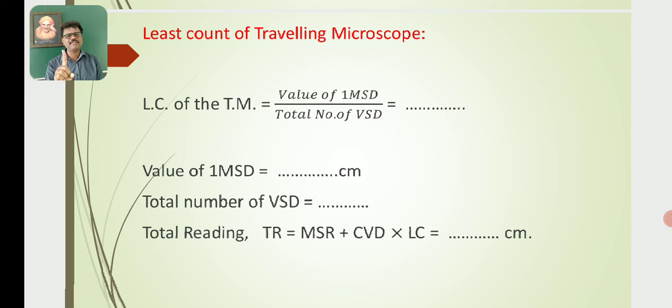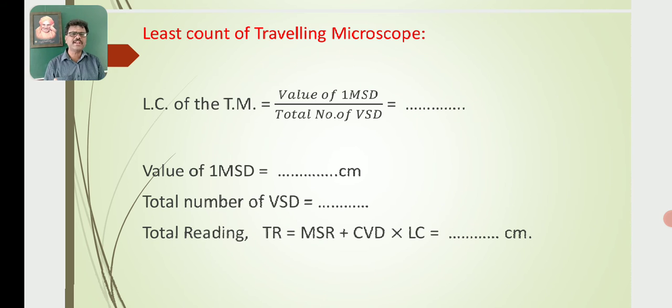The total number of vernier scale divisions is 50. Substituting in the above equation, 1 by 20 by 50 is equal to 1 by 1000, which is equal to 0.001 centimeter. That is the least count of the traveling microscope.